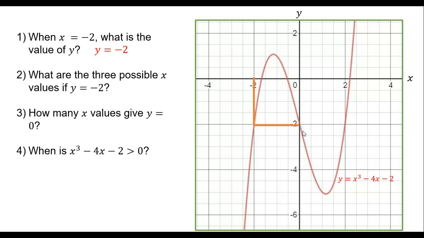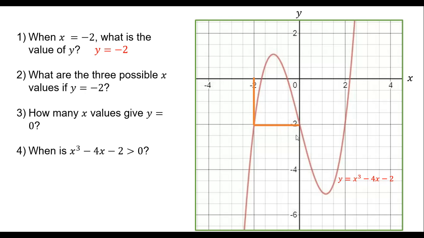Okay, so we're following on and following along. What are the three possible x values for y equals minus 2? So we've already found one. We already know that when y is minus 2, x is minus 2. But also we've got another point here where this graph crosses the y-axis. It crosses at y equals minus 2. So we know that another possible x value for y equals minus 2 would be 0.